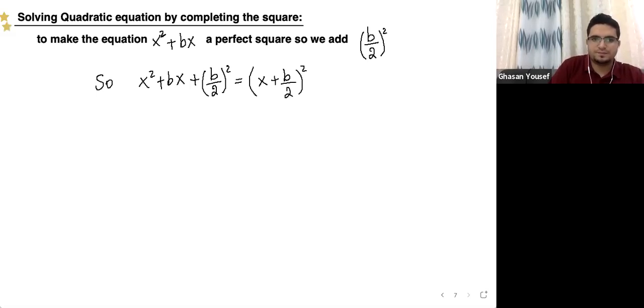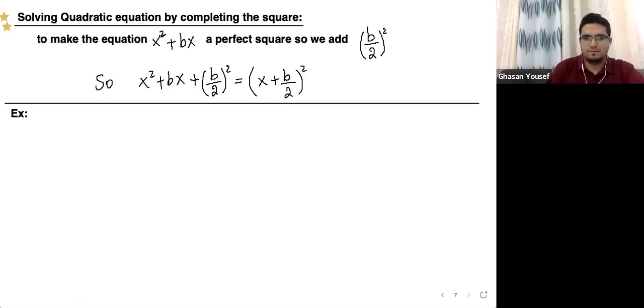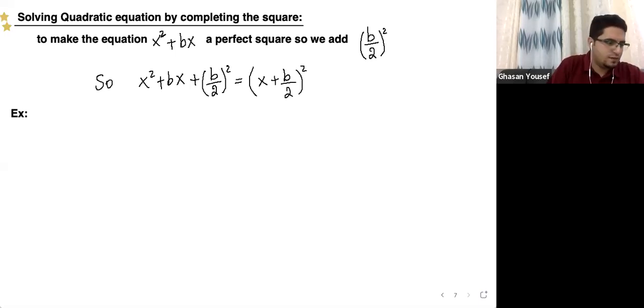I'm going to give an example to explain more how we can use this. So the example is, suppose I have x squared. Here, solve, I have to specify which way you have to use to solve.